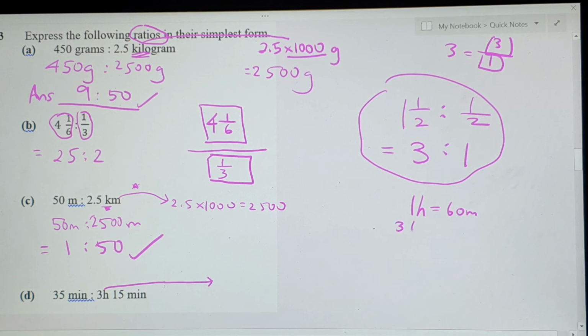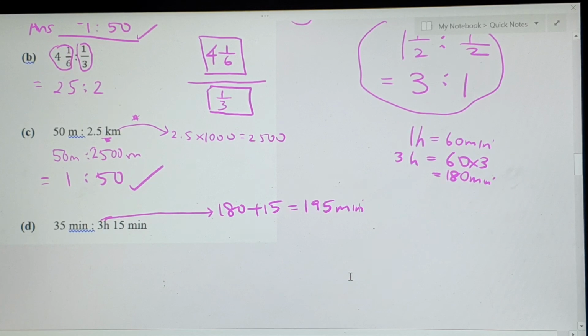So 3 hours is 60 times 3, 180 minutes. Correct? Then you know this 3 hours is 180 minutes, so it's 180 plus 15. So this is 195 minutes.